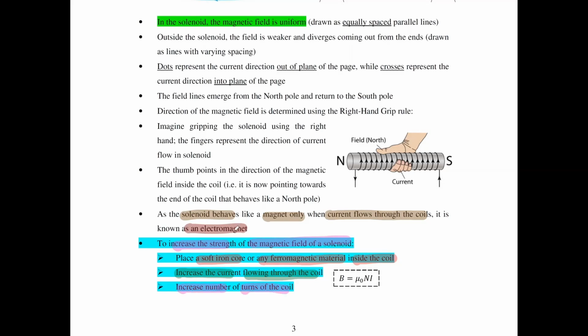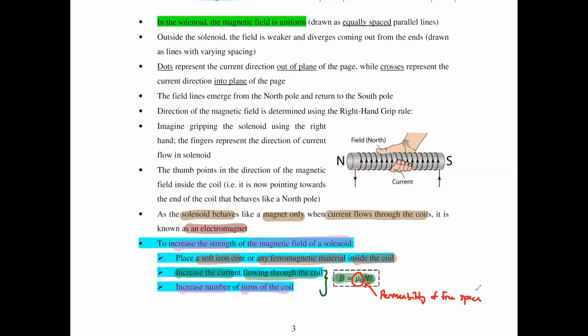For the last two points, they are actually summarized by this equation here, where B is equal to mu naught N I. B is your flux density, N is your number of coil turns, I is your current. Now you will notice that there's a particular symbol you have never seen before, mu naught. That symbol is actually representing the permeability of free space.